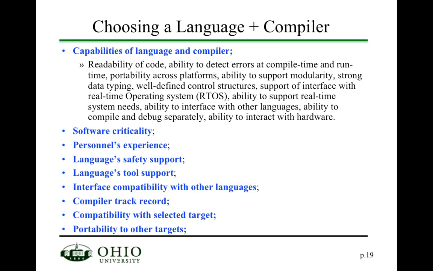Okay, so how do you choose a language and compiler? The choice depends on the readability of the code, the ability to detect errors at compile time, ability to support modularity, ability to support strong data typing, etc. So there's a whole ton of capabilities that a language and a compiler have that you need to consider in choosing them.